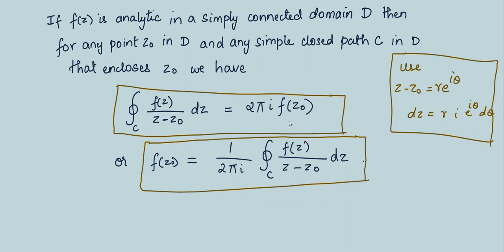Its use mainly is in writing Laurent series, the series expansion of complex functions in terms of z minus z naught and 1 by z minus z naught terms. So these are the few applications and problems related to that.